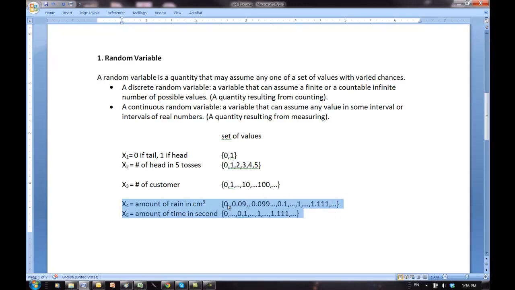The set of values is not only infinite, it is not countable. Now let's look at what we meant by varied chances, which is the definition of probability we will turn to next.